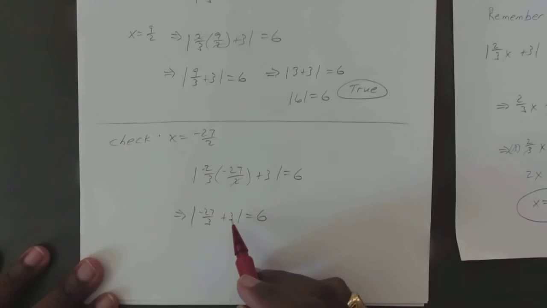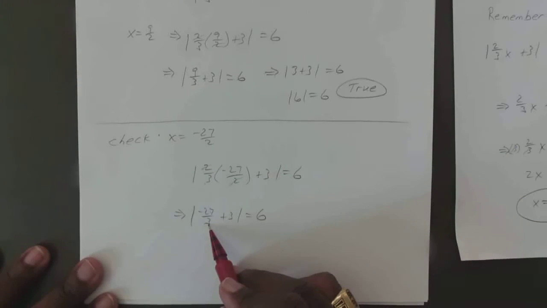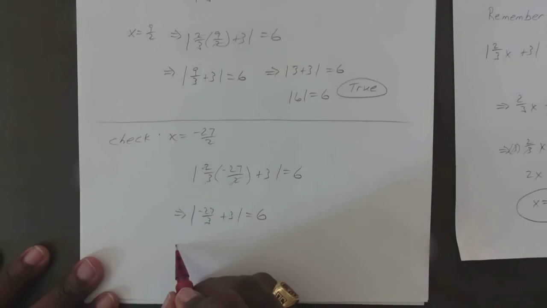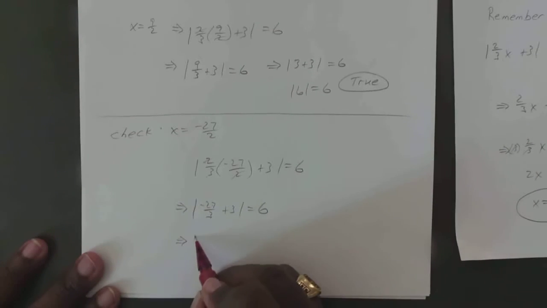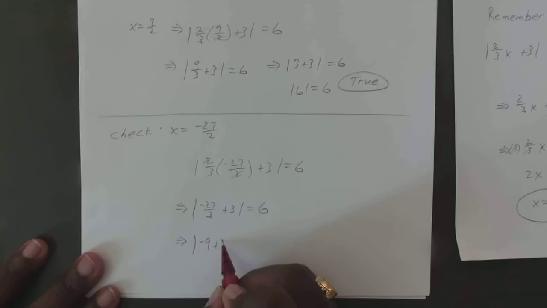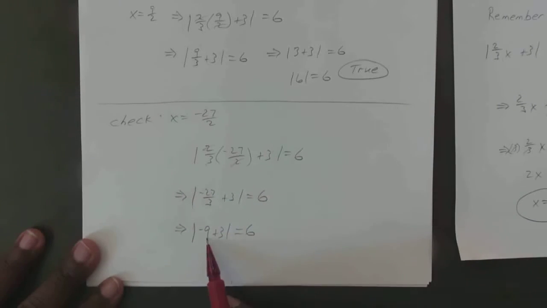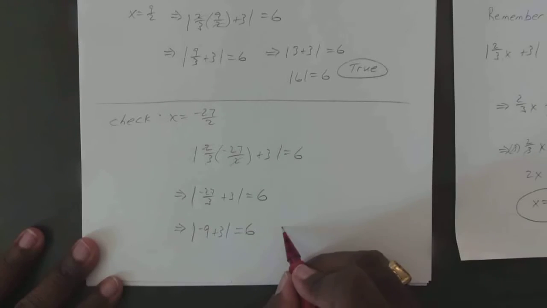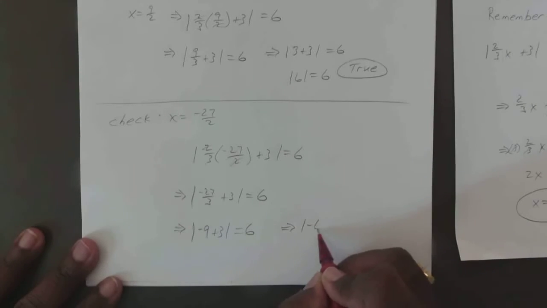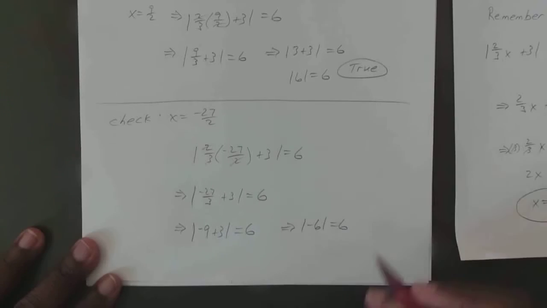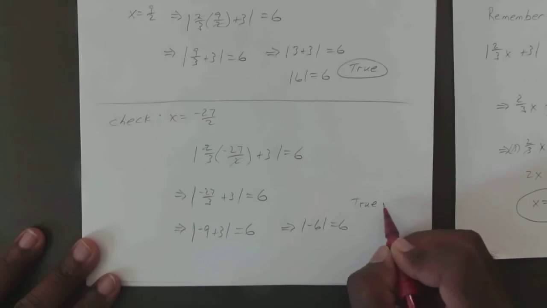Negative 27 over 3 is just negative 9. So you have the absolute value of negative 9 plus 3 equals 6. Negative 9 plus 3 is negative 6. So that gives you the absolute value of negative 6 equals 6, which once again is true.